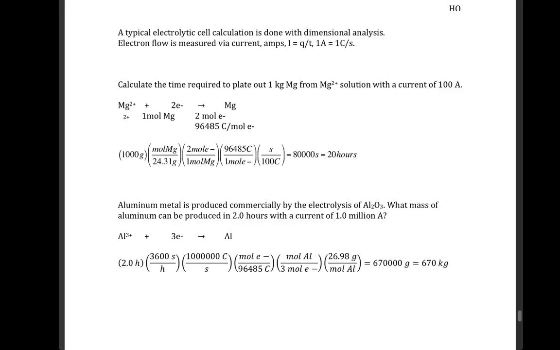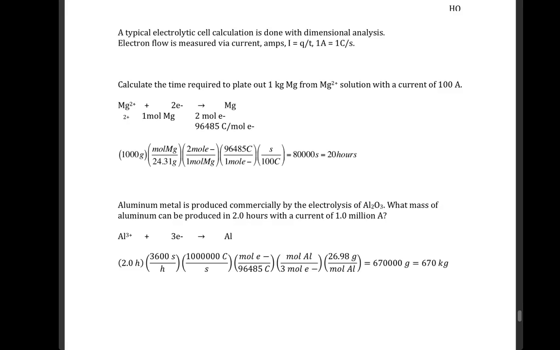Now we have to go to moles of magnesium, because notice that we know the amount of moles of electrons involved in this process per mole of magnesium. So that's step one, is to convert the grams into moles. And now once we have moles of magnesium, we know that 1 mole of magnesium corresponds to 2 moles of electrons.